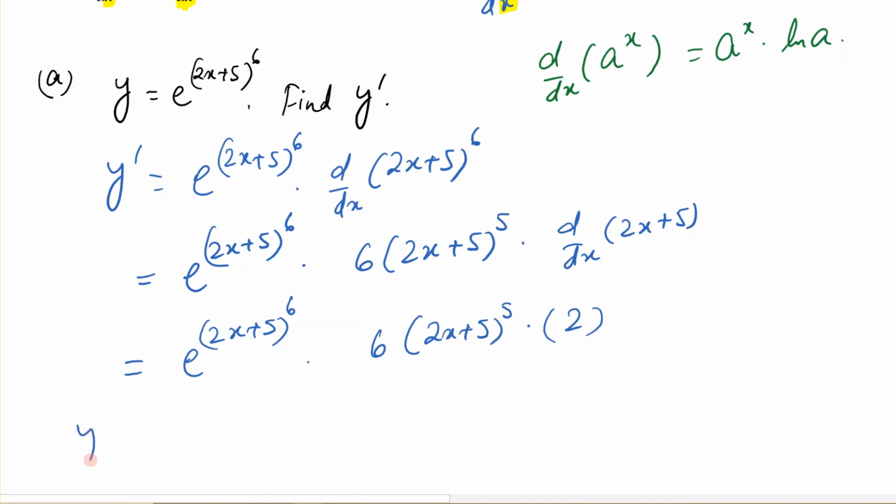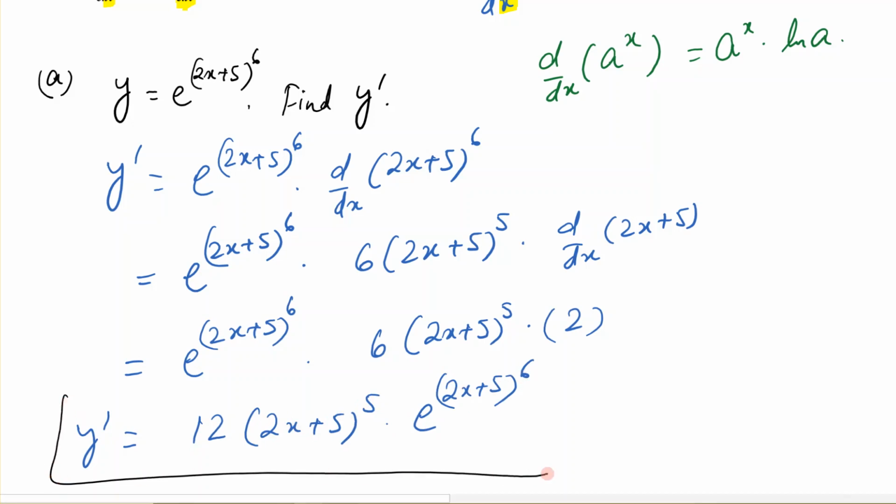Overall, 2 times 6 is 12, so the derivative is 12 times (2x plus 5) raised to power 5 and e raised to power (2x plus 5) whole thing raised to power 6. That is our derivative of the given function.